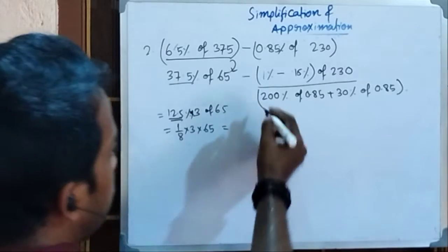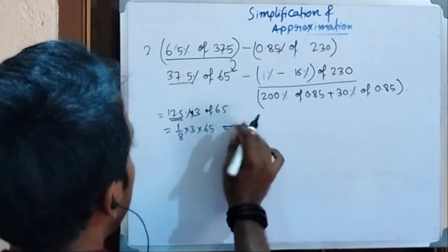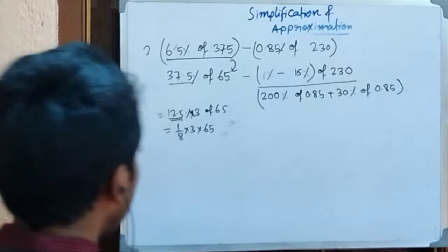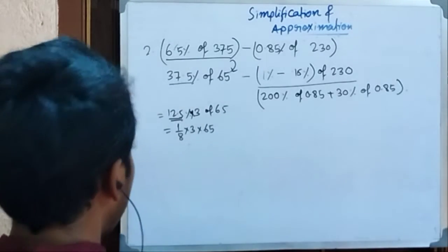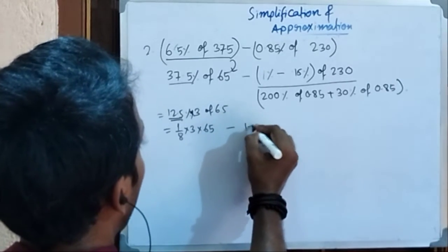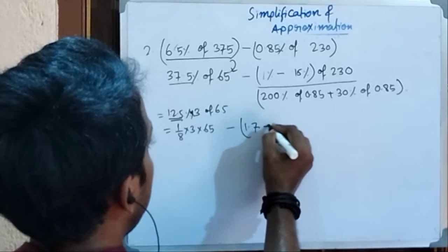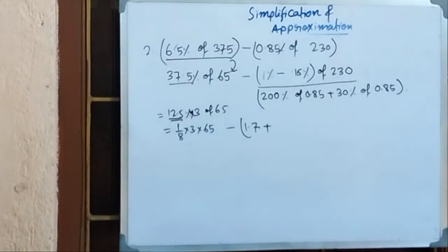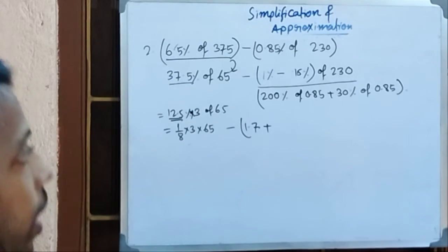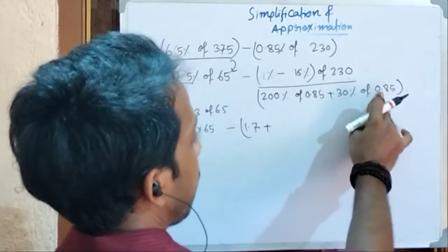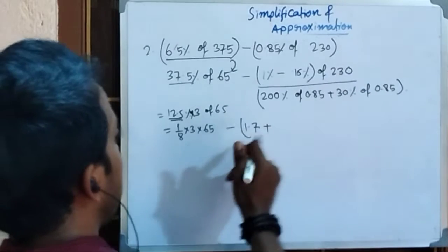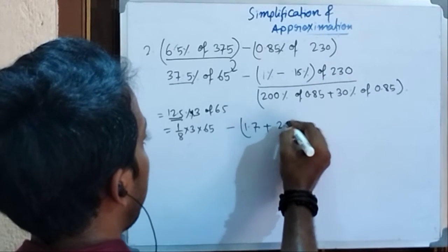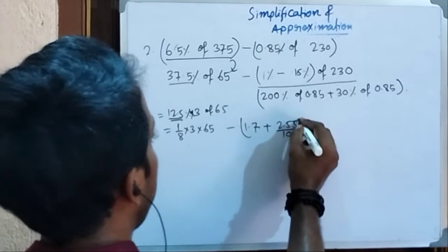And 200% of 0.85, so 1.7, and plus 3 into 85, 255, and the decimal point 2 digit, so 2.55 by 10, right?